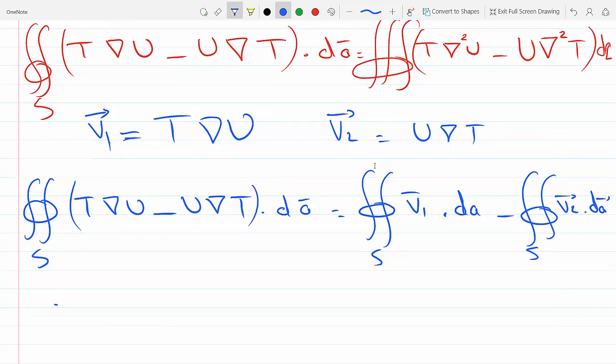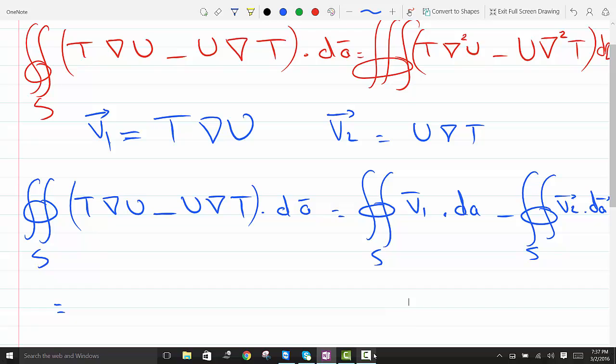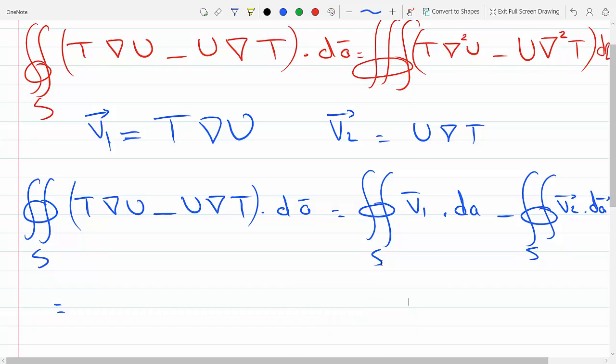So I need to use the divergence theorem the other way. It's in the back cover of your book.